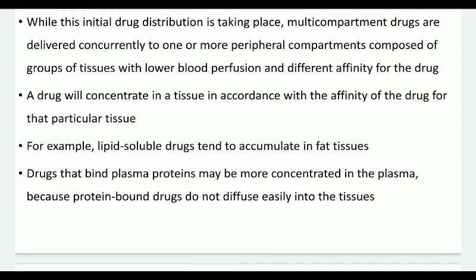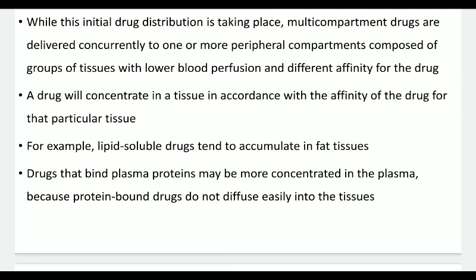Further, it says that while this initial drug distribution is taking place, multi-compartment drugs are delivered concurrently to one or more peripheral compartments composed of groups of tissues with lower blood perfusion and different affinity for the drug.